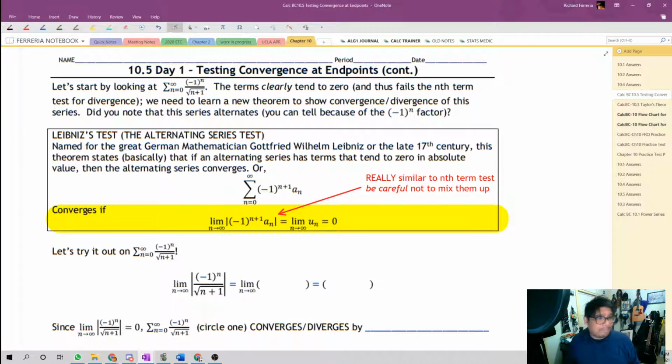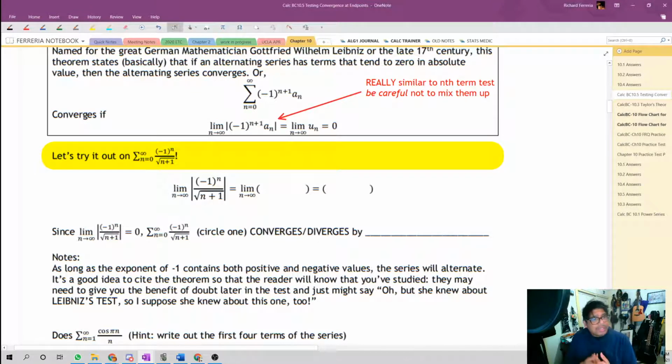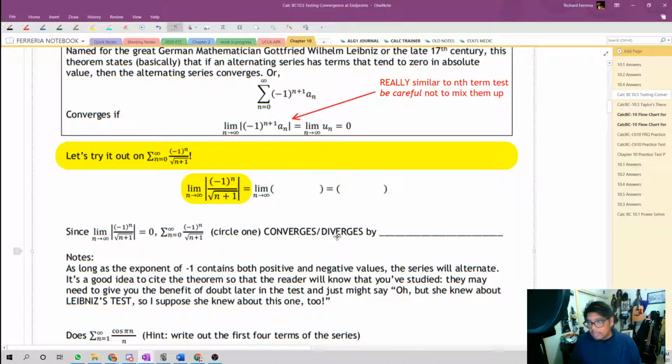So be careful. We're going to try this out on this series over here, -1 to the n over root n plus 1. And let's see what we're supposed to do. So we start off by looking at the absolute value of every term and then finding the limit of the absolute value of every term. We talked about this in the previous lesson, but if we're taking an absolute value of an alternating series, then this -1 to the n power, whatever power it is, the absolute value of that is just 1.